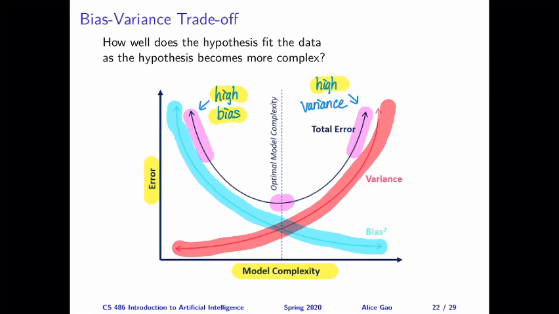On the other hand, on the right, we have a hypothesis with high variance. And this hypothesis is too complex, too flexible. So it may fit the training data well, but it may be doing that too well. So it may be overfitting to the training data, and therefore it does not fit the unseen data well. These are two points where the model is having a high error and we want to find some point in between.